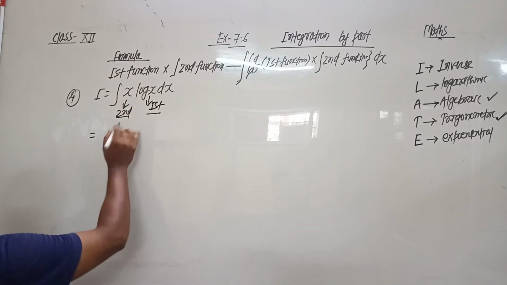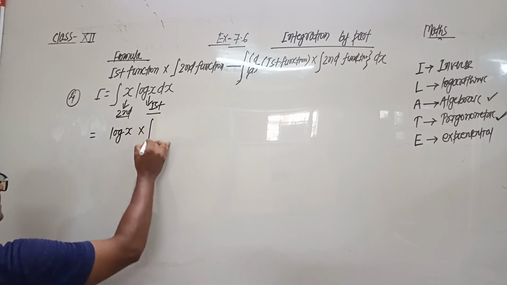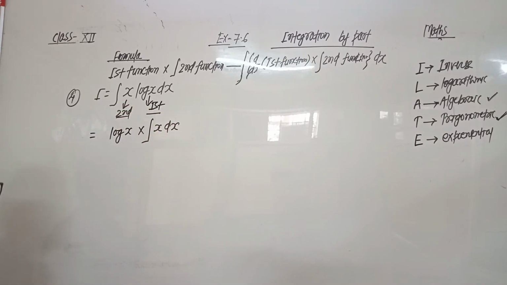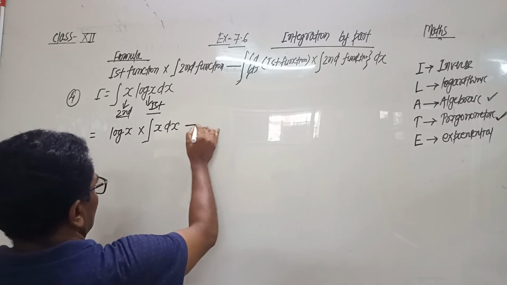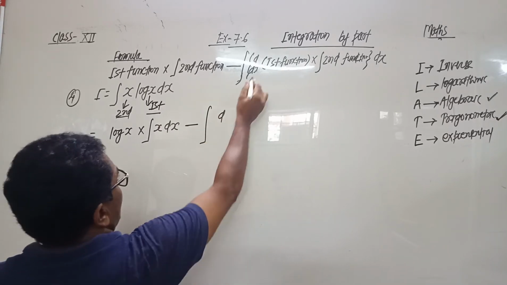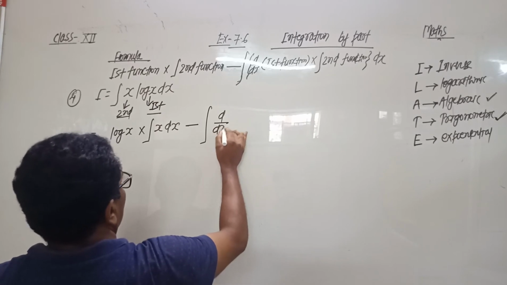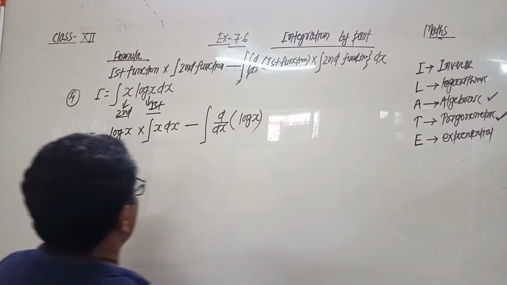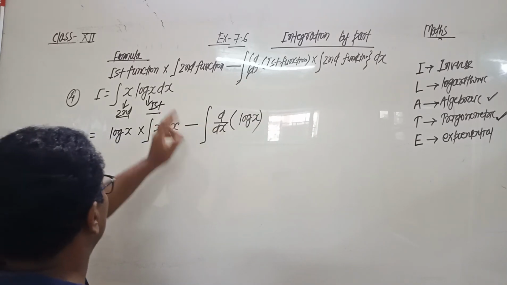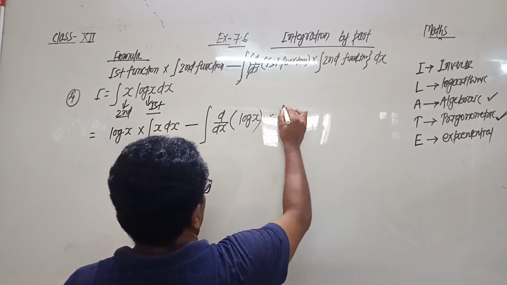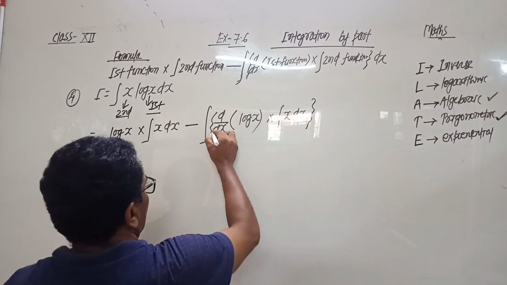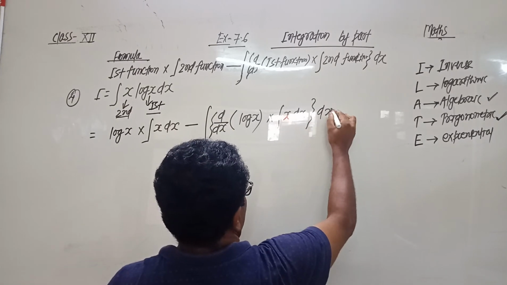First function means log x, into integration of the second function, that is integration of x dx, minus integration of d by dx of the first function, log x, into integration of the second function, x dx, and for this integral we use the sign dx.